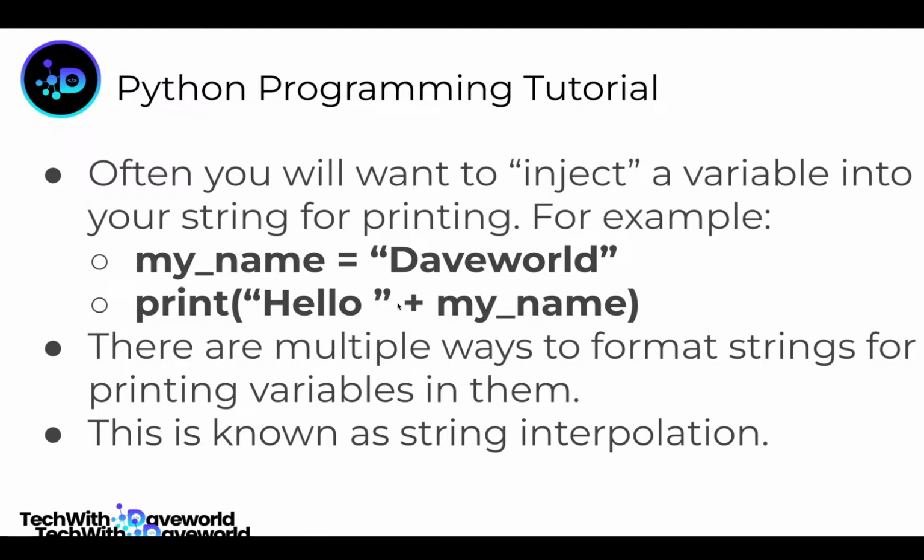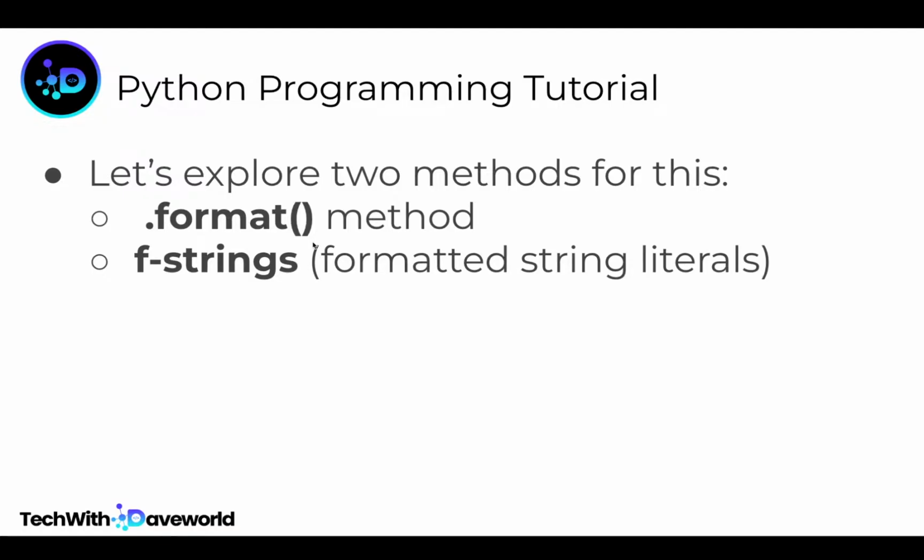There are multiple ways to format strings for printing variables in them, and in Python this is known as string interpolation. This way you can play around with your strings and variables, print them together, and do certain tasks using print formatting. We're going to look at all of that.